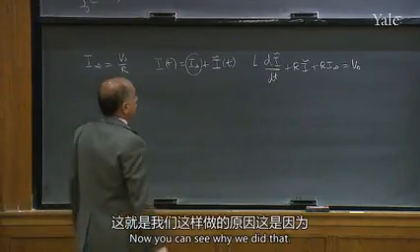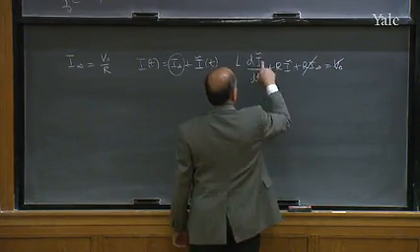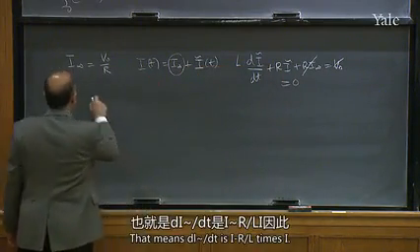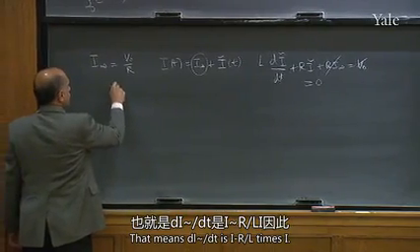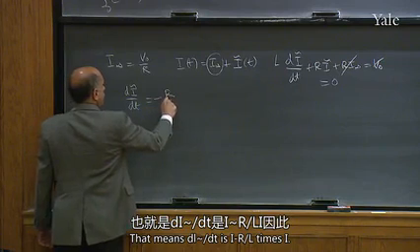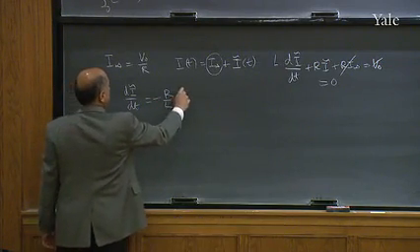Now you can see why we did that. We did that because now these two terms cancel, and you get L d I twiddle/dt plus R I twiddle equal to 0. That means d I twiddle/dt is minus R over L times I twiddle.